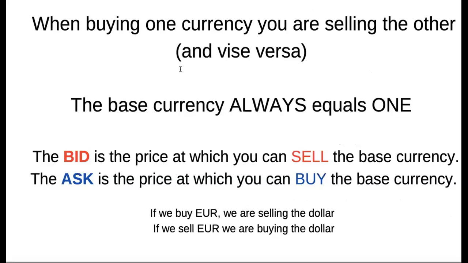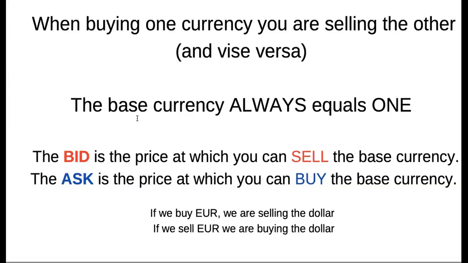So just to break that down a little further, when you're buying one currency, you are selling the other and vice versa. The base currency always equals 1. And so the bid price, you'll see when you pull up MetaTrader 4, you're going to see a bid and an ask price. Typically, the bid price is going to be in red. That price is based on what you get if you were to sell.